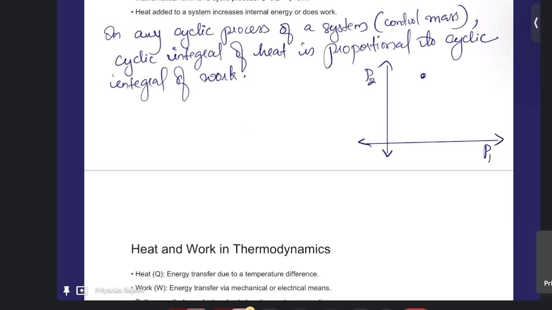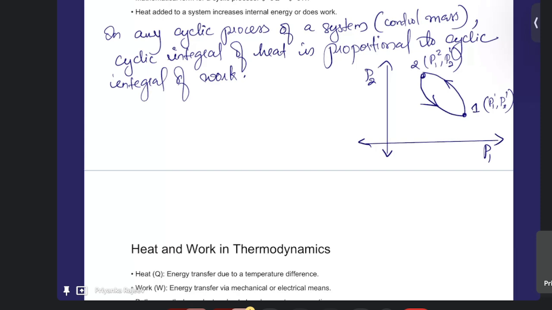You have got state 2 and state 1 over here, which is P1 of 1, P2 of 1, and here it is P1 of 2 and P2 of 2. Now this cyclic state means what? It is going from 1 to 2, and then from 2 to 1. It is coming back. So this is a cyclic process.